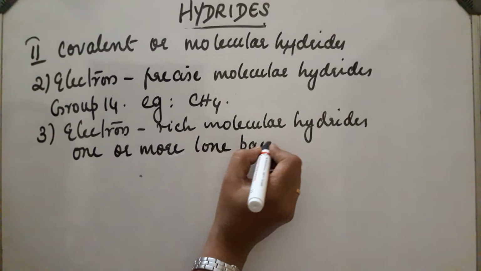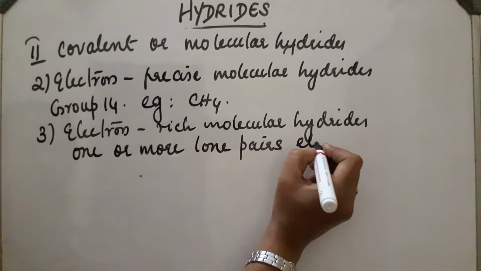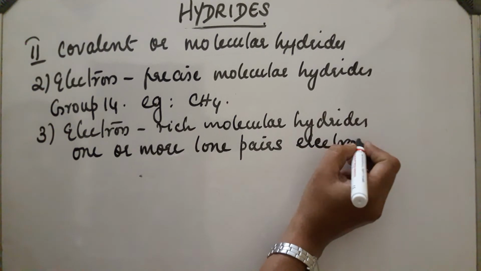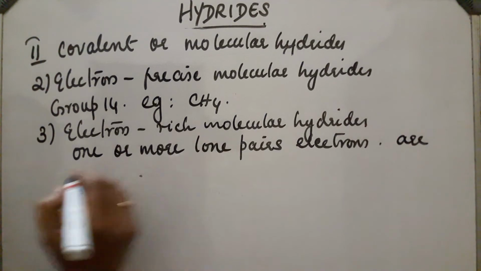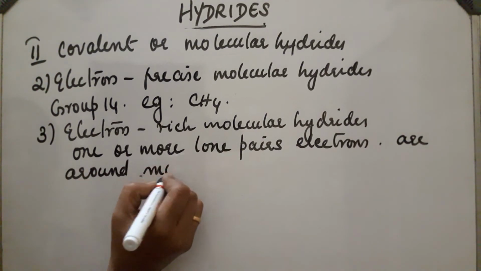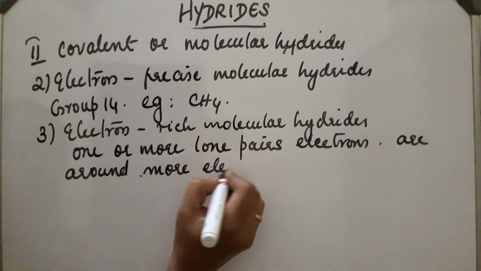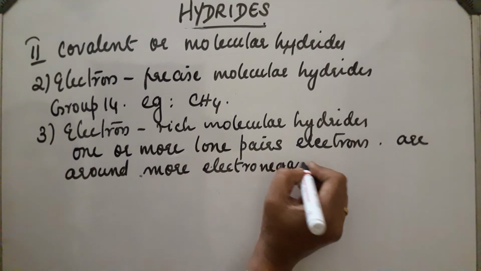So they contain excess electrons. One or more lone pairs of electrons are present in these hydrides, so they are electron rich. Okay, these lone pairs of electrons are seen around the more electronegative central atom.